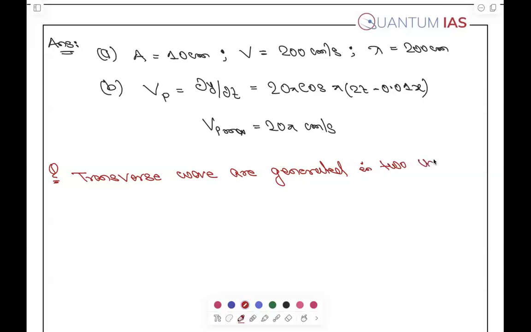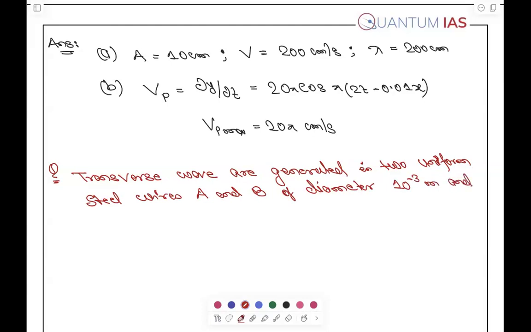In two uniform steel wires A and B of diameter 10 to the power minus 3 meter and 0.5 into 10 to the power minus 3 meter respectively. ठीक है, you can lower down your hand.